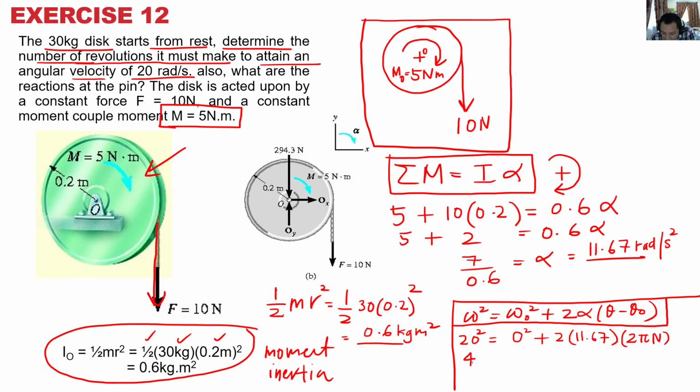So you're going to get 400 divided by 2 pi times 11.67 times 2, which is 284.8, and you're going to get n.